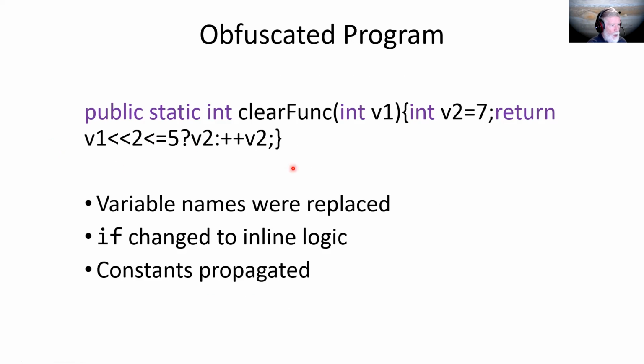The inline if, so it's return, and there's an inline if there. I took out the multiplication by 4, did it by a left shift by 2, actually more efficient. And some constants were propagated throughout the program. So that's it. It's certainly not as easy to see and understand. That's obfuscation.